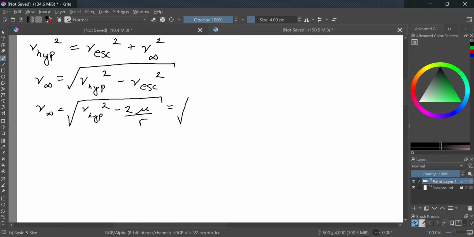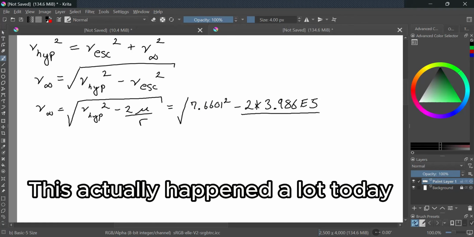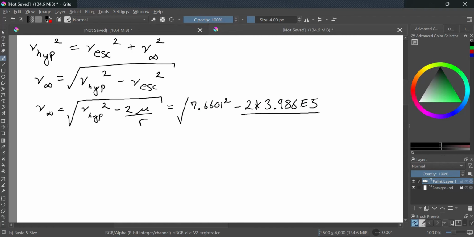We have v hype, this is our new speed, which is 7.6601 squared minus 2 times the gravitational parameter of Earth, 3.986 times 10 to the 5th, divided by our radius, which is 16,365.424.